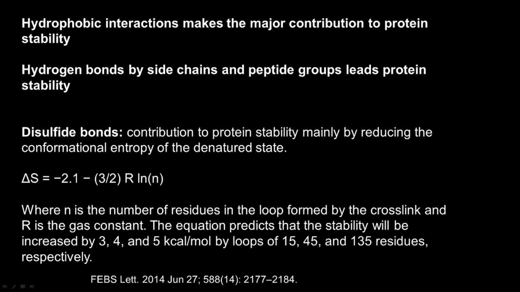So the equation predicts the stability will be increased by 3, 4 and 5 kcal by loops of 15, 45 and 135 residues respectively. So if you have a lot of residues in the loops, the stability of the protein gets increased based on this particular equation.